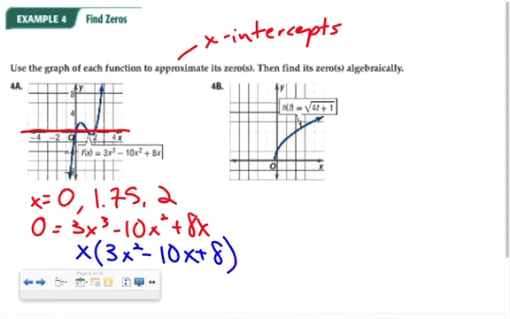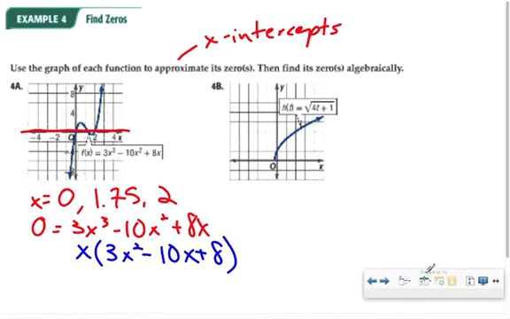Now I have a quadratic. And a couple of lessons ago, we talked about how to factor a quadratic. This quadratic does factor, because I'd be looking at 3 and 8 multiplying together to get 24. And does 24 have factors that have a sum of 10? Yes, they are 6 and 4.